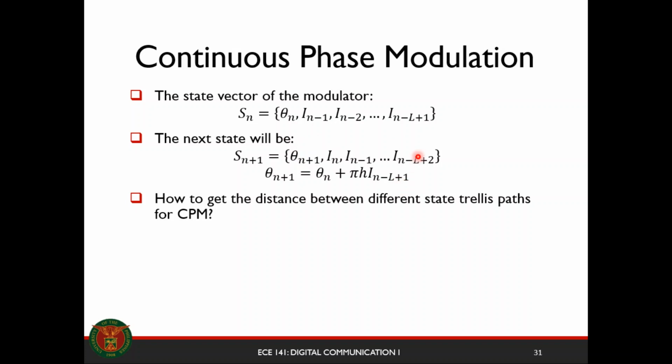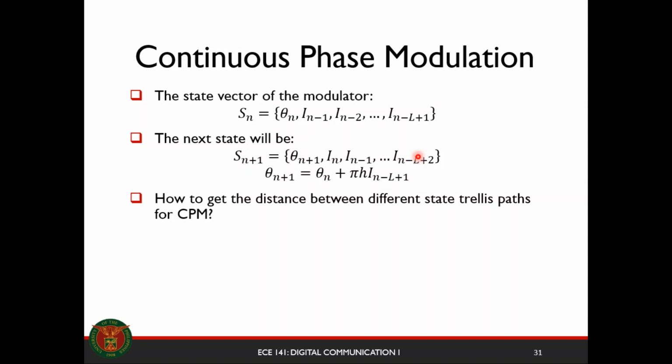So the question now is, how do we define the path distance for continuous phase modulation? In the previous lecture, the definition of distance was very straightforward. But in this case, for continuous phase modulation, we're tracking the phase.